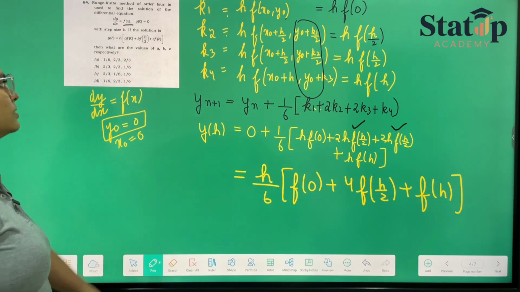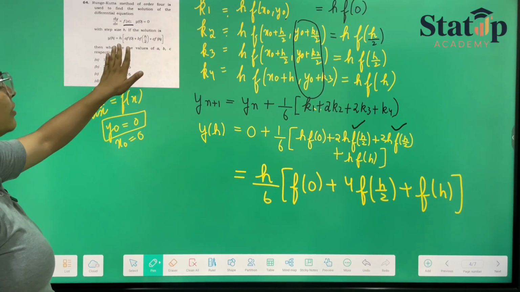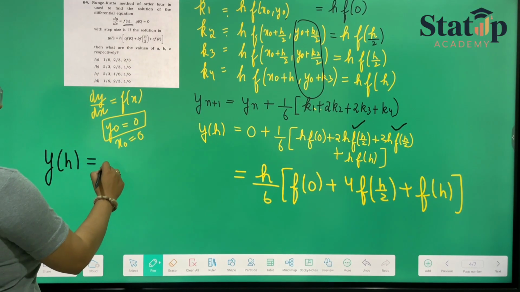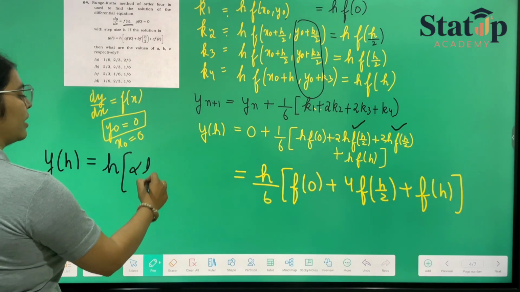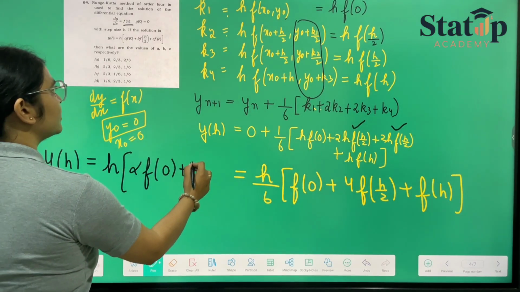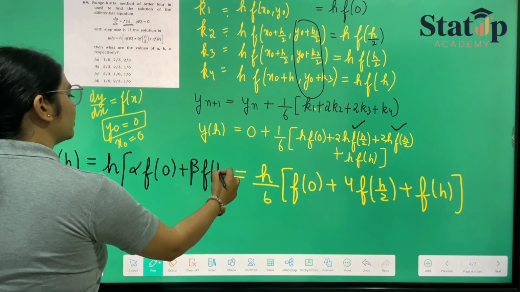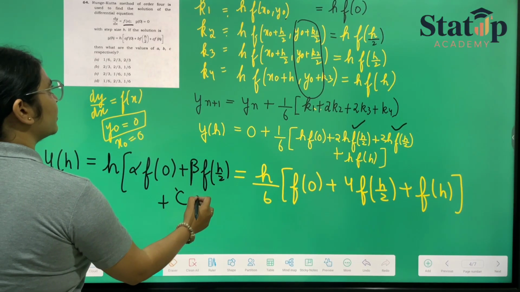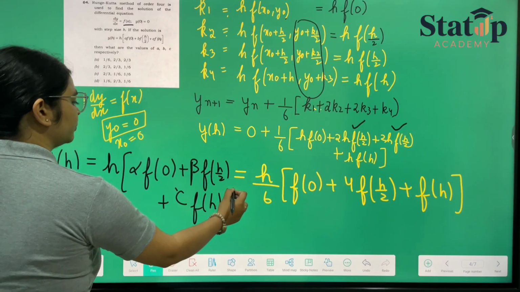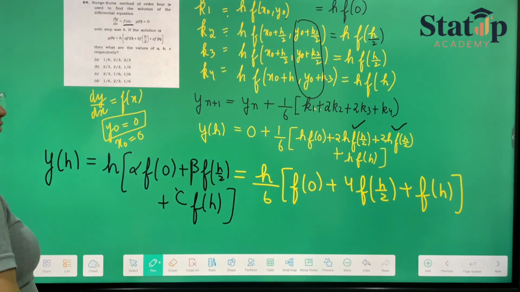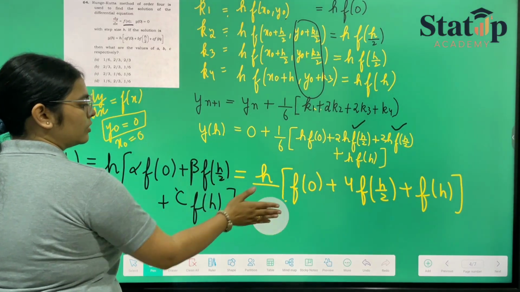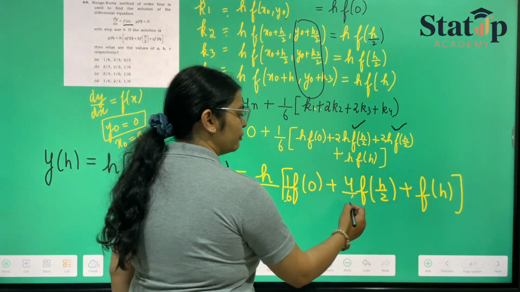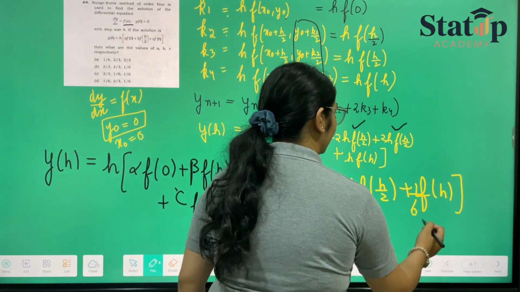This is our final answer, and here they have given us the value of y(h) as h times alpha f(0) plus beta f(h/2) plus gamma f(h). Now comparing both of them, here they have taken only h outside, so we'll take 1 upon 6 inside. It will be 1 upon 6, 4 upon 6 and 1 upon 6.